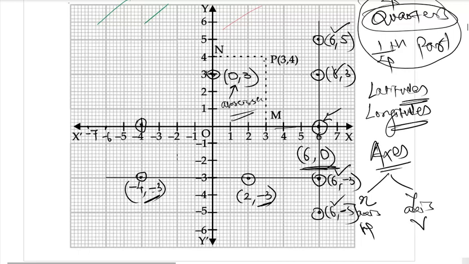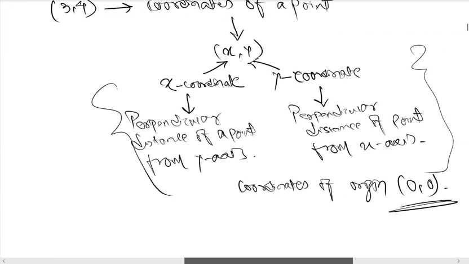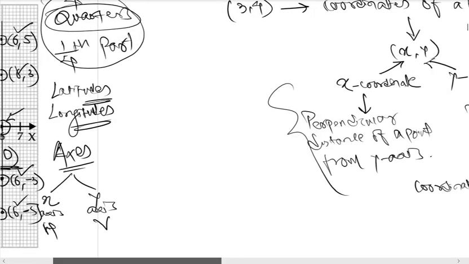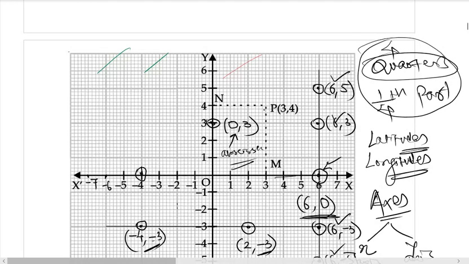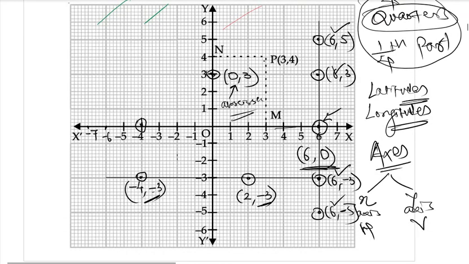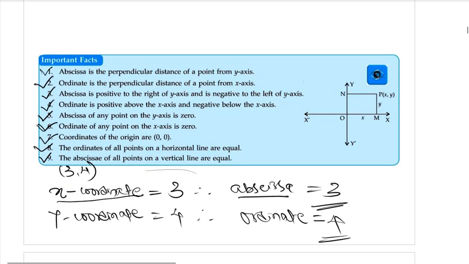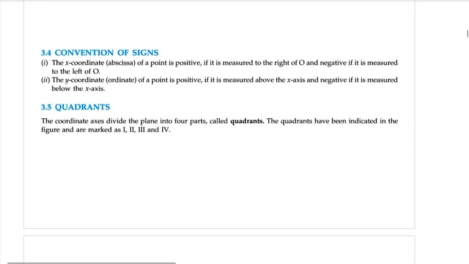By now you should be able to define, at least loosely, what is x coordinate, y coordinate, what are coordinates, what is origin, what are axes, what is x-axis, y-axis, what is abscissa and ordinate. Of course we have done that, right? And these important facts you've all understood. Okay, let's go to sign convention.